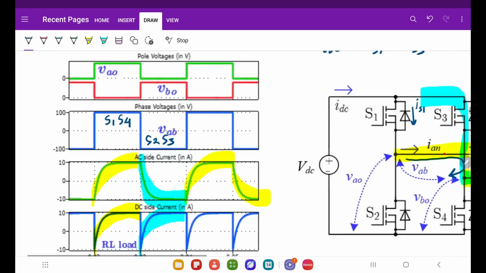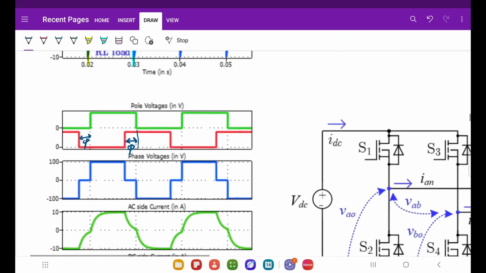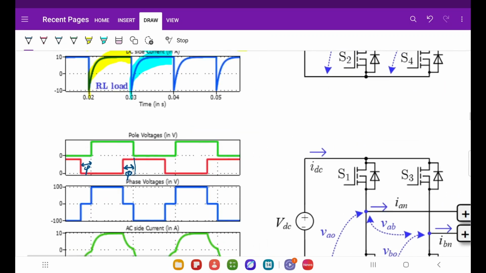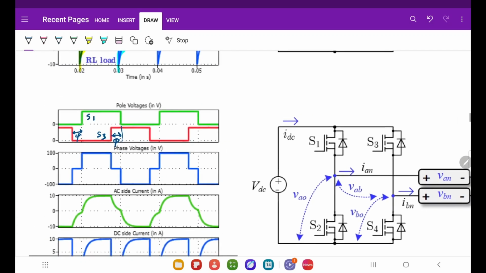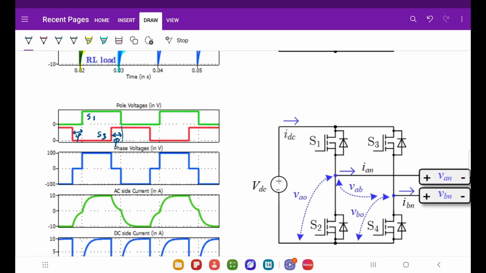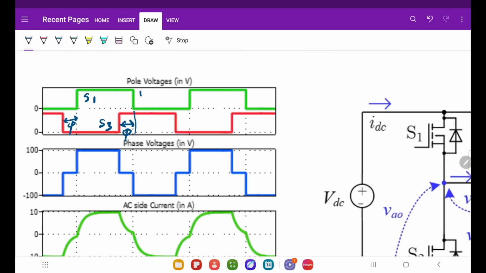Now in this case, what I have drawn is only S1 and S3. This is the gate pulse of S1 and this is the gate pulse of S3, which, by the way, is also the pole voltage. The pole voltages of the system are VAO and VBO. This is VAO and this is VBO.